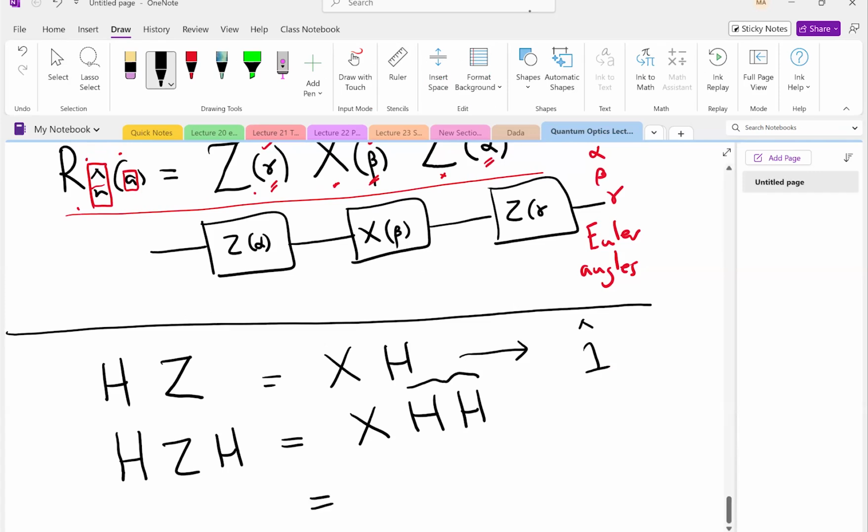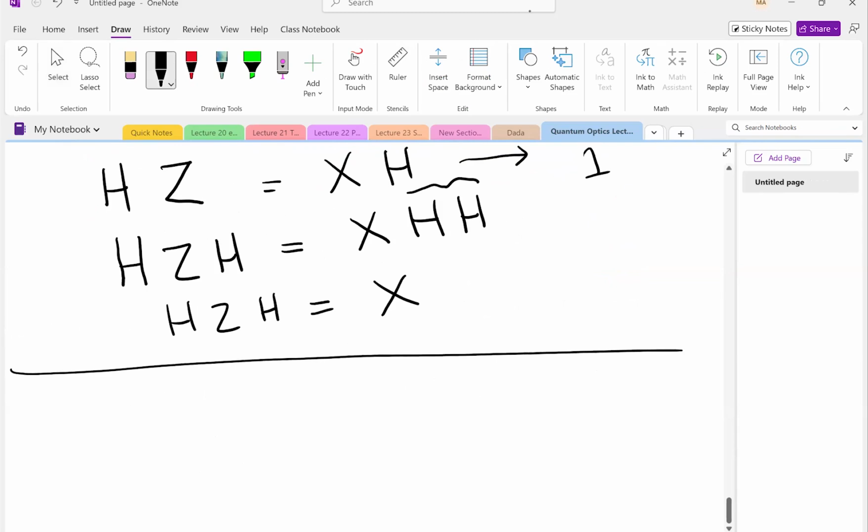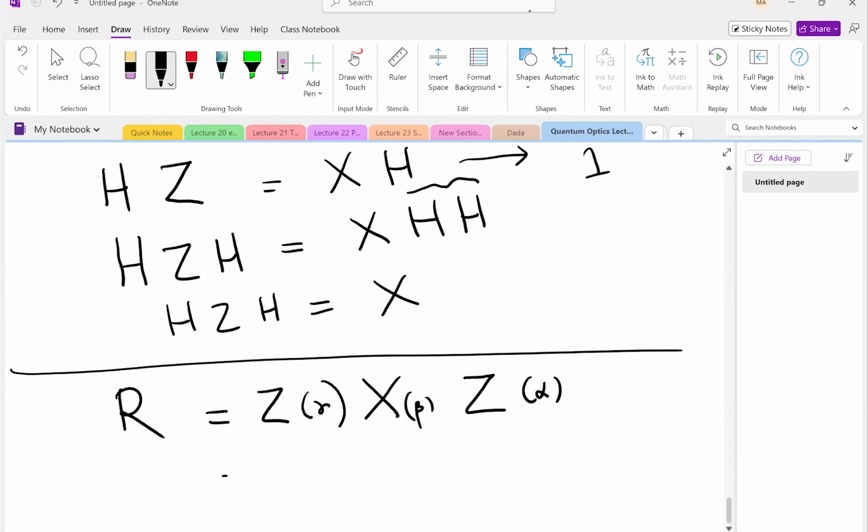The Hadamard is self-inverse, so this is X. So what this means is that my arbitrary rotation, which was ZXZ with alpha, beta, gamma, I can pre-multiply with two Hadamards.